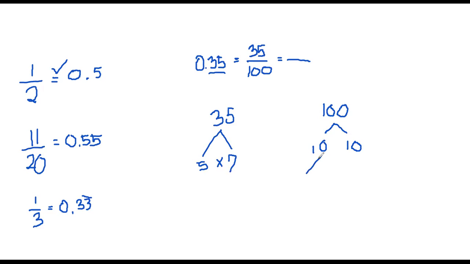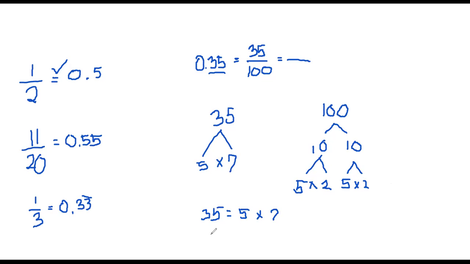Si 10, may factor pa siya ulit na 5 times 2, and also ito, 5 times 2. Diba? Then, ano magkatulad sa kanya si 35? Si 35, ang factor niya is 5 times 7.